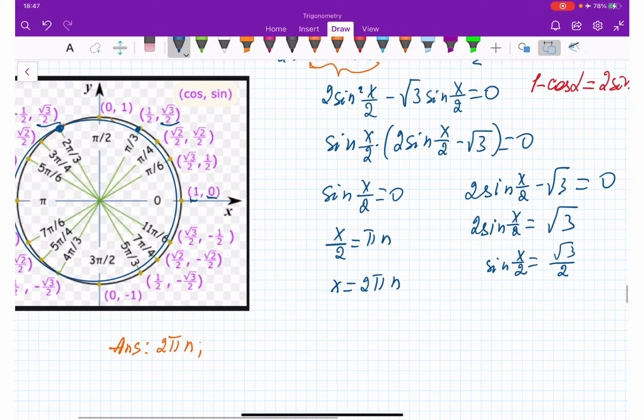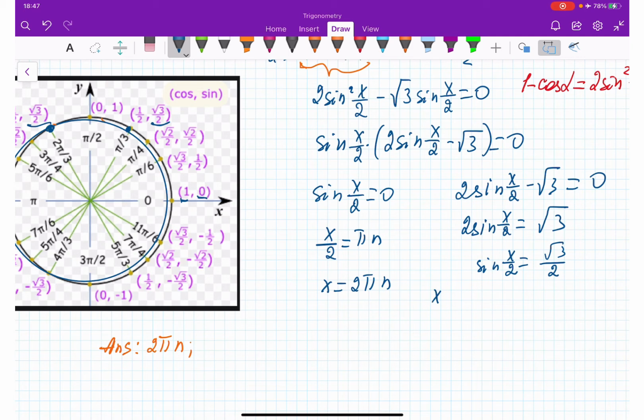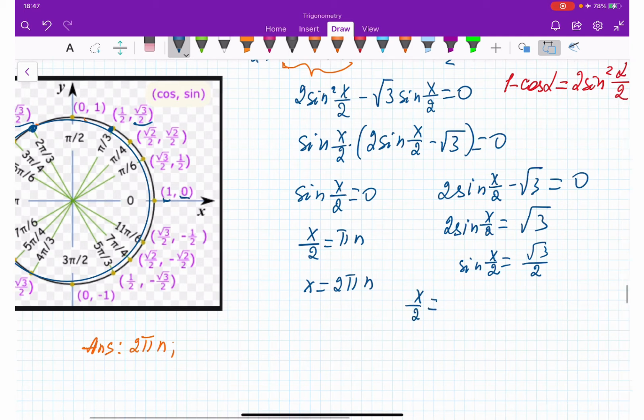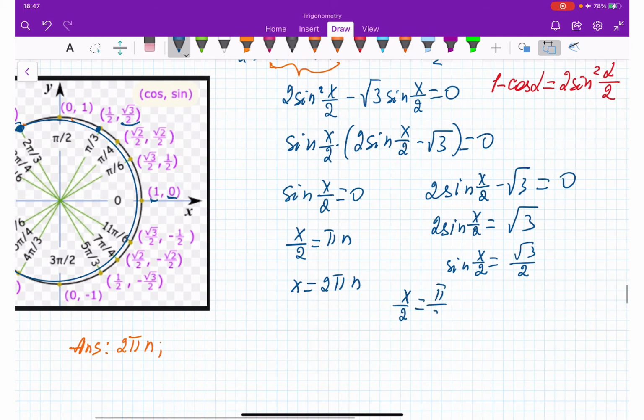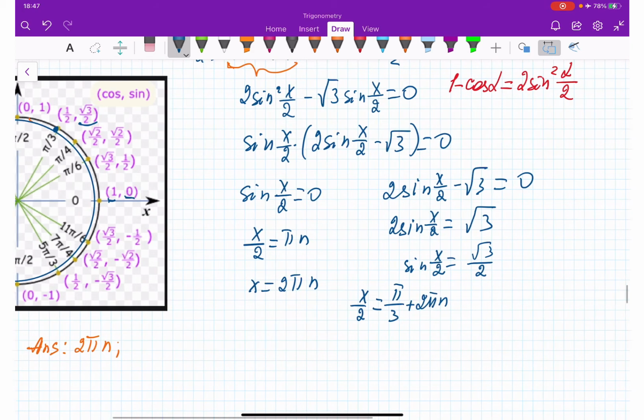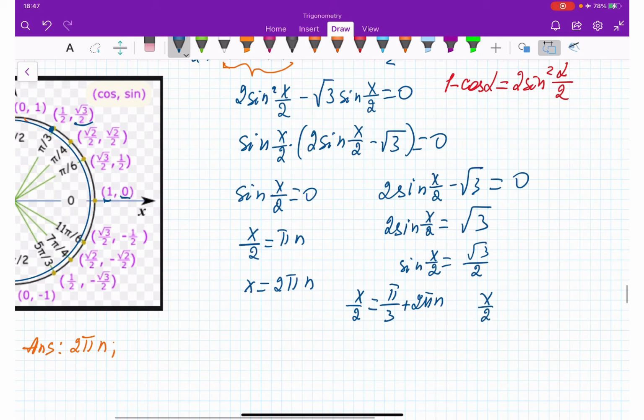we have, in one case, x over 2 is equal to pi over 3 plus 2 pi n, and x over 2 is equal to 2 pi over 3 plus 2 pi n. Okay?